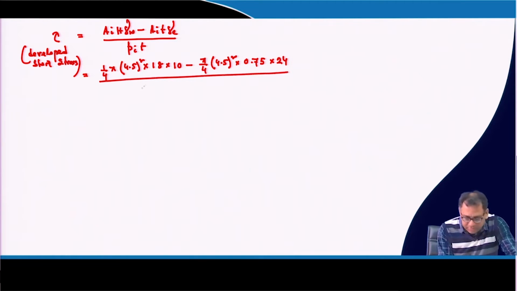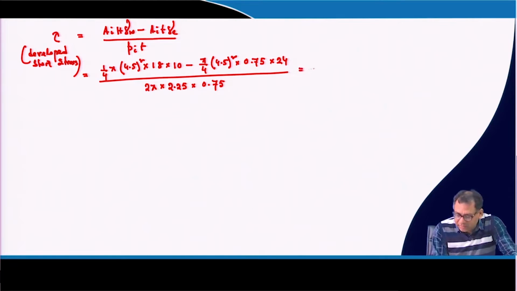Then divided by the inside perimeter, this is a circular section, 2 pi inside radius 2.25, then the thickness is 0.75. Okay.